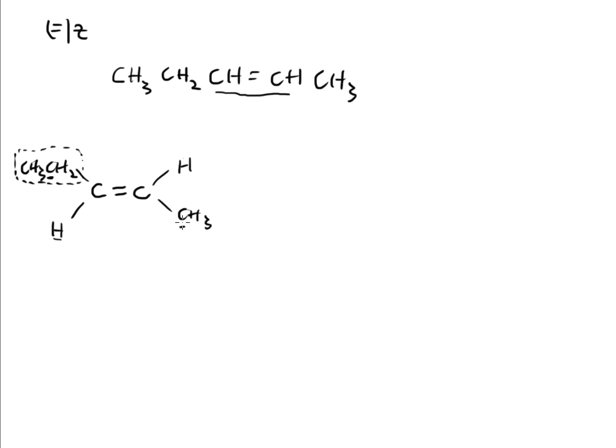We see a carbon directly attached to that one, and we see a hydrogen directly attached to that one. Out of the two, carbon has the highest atomic number, so therefore this one has the highest priority group. And you would look at these groups and you would say they're on the opposite side. And because they are on the opposite side, you would tell me that this was E, because they are not on the same side, right? So this is the E grouping system.